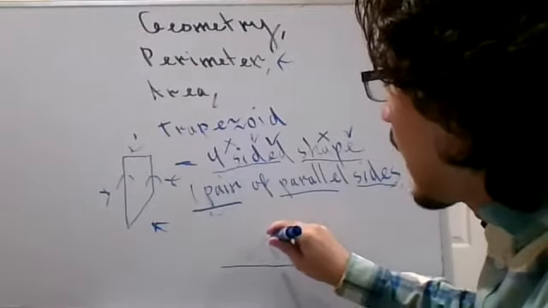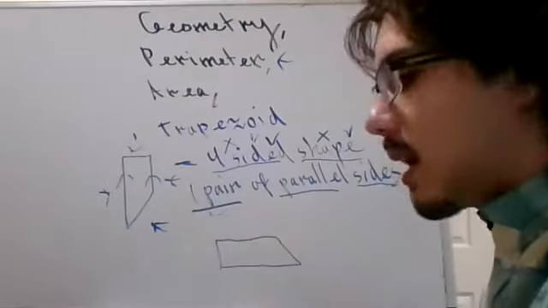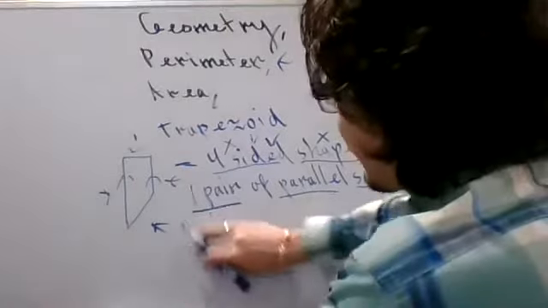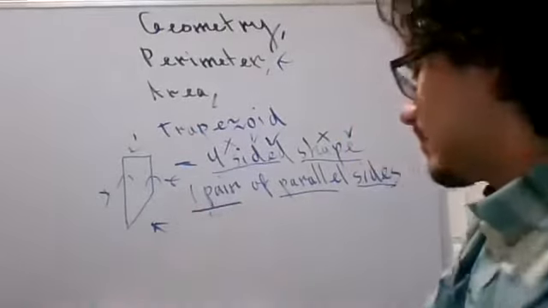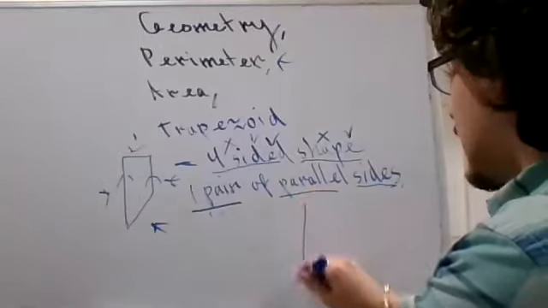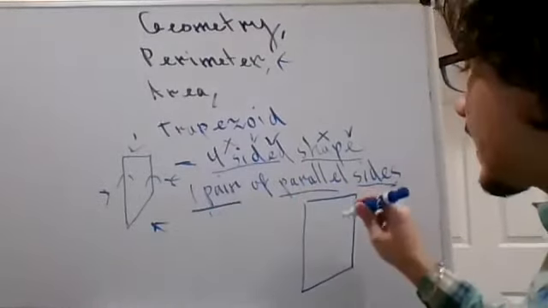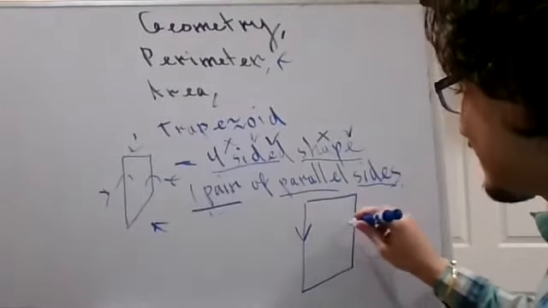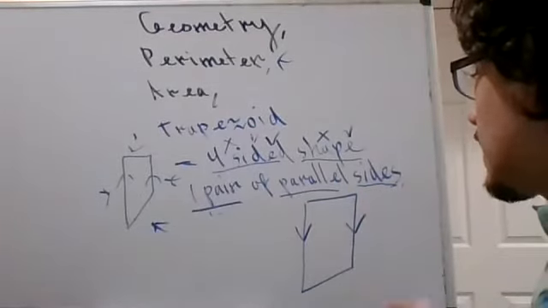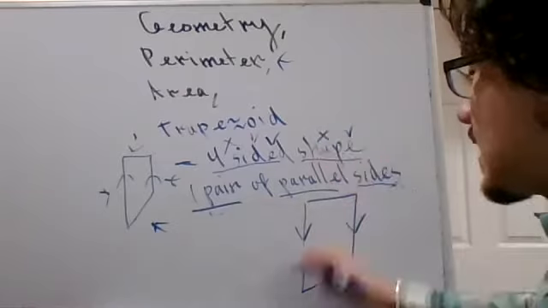So here, I'm rotating. Nah, I don't need to. I'll move Miss Anusha's trapezoid over here. As we can see, this trapezoid has flat sides.